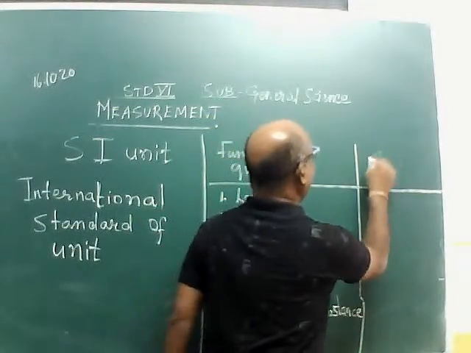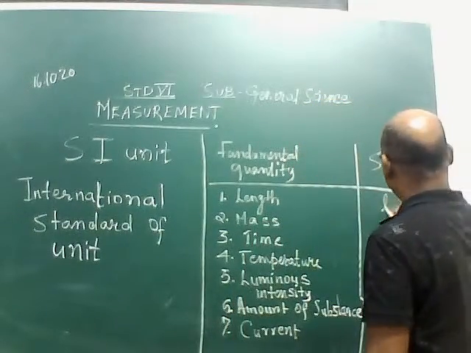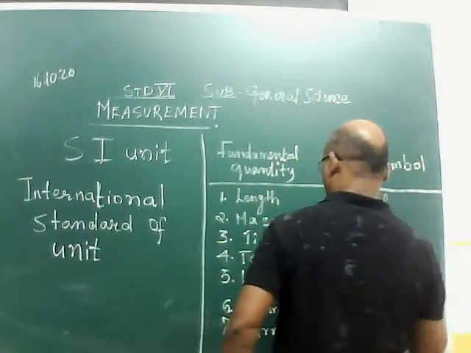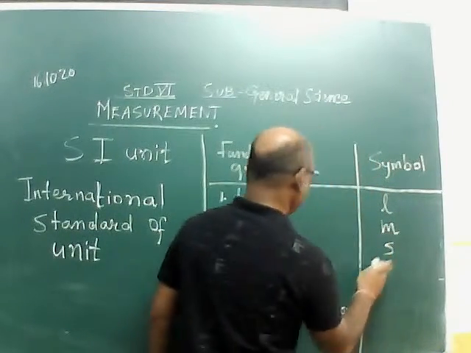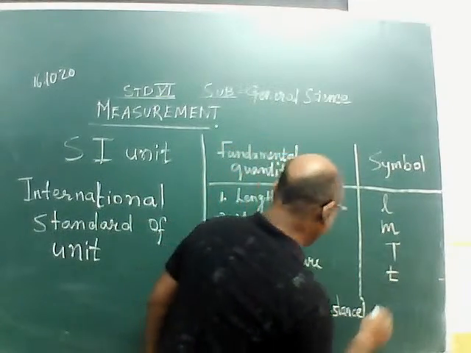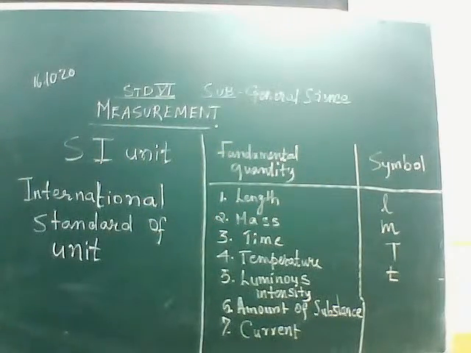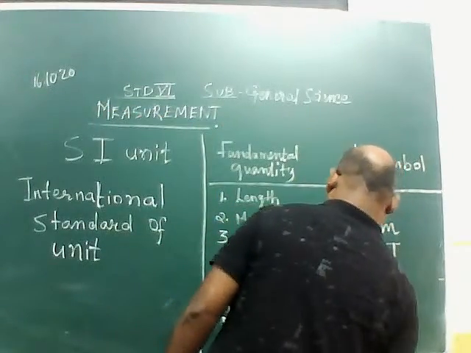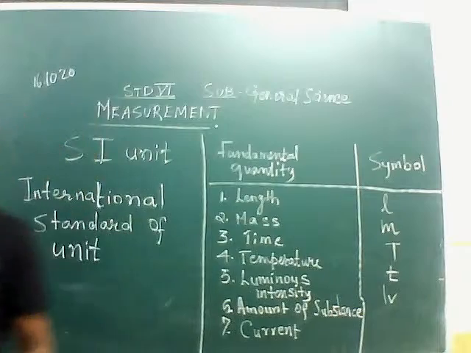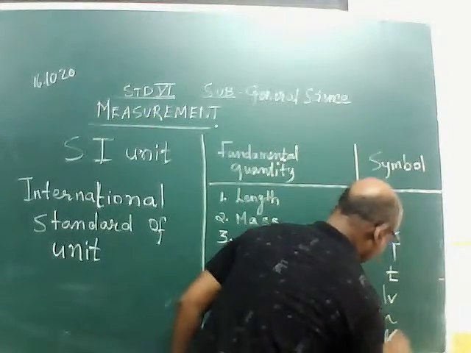Their symbols: for length we use L, for mass M, for time T, for temperature small t, for luminous intensity LV, for amount of substance N, and for current I. Okay, these are their symbols.